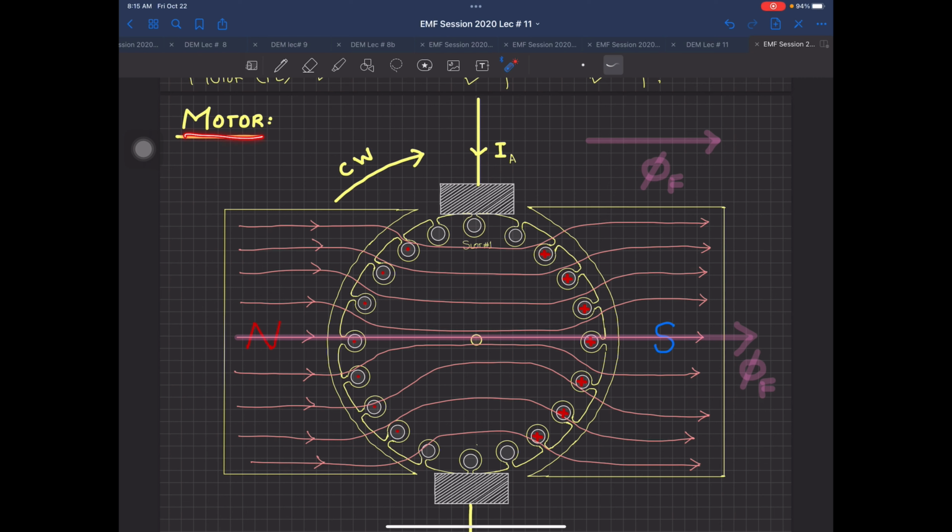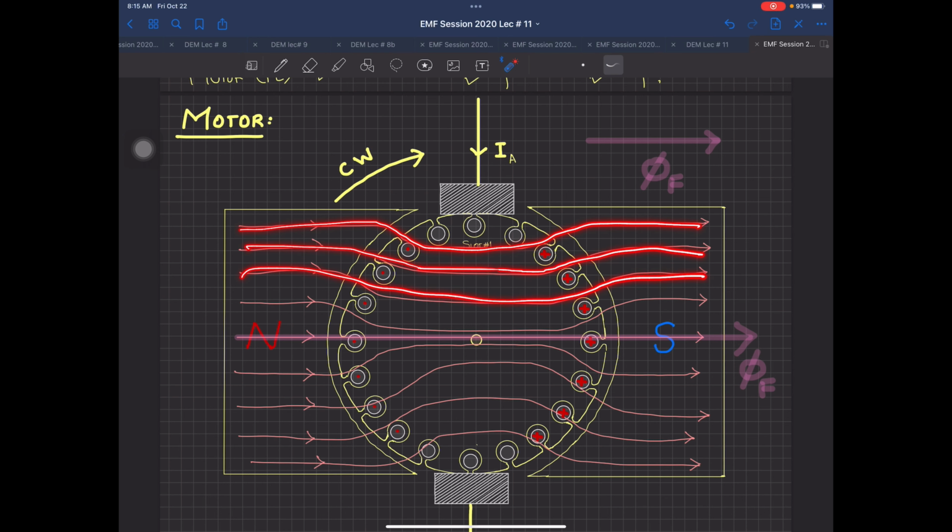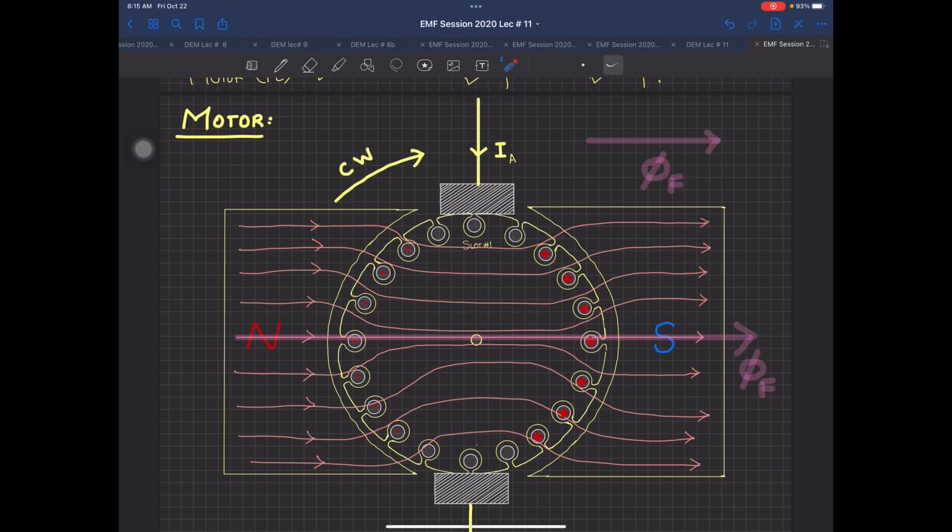What I am showing in this diagram is a motor phenomenon. These are the field lines flowing from the north pole to the south pole, shown radially. I hope you remember that they are perpendicular to all the conductors in front of the north and south pole, entering perpendicularly and leaving perpendicularly. The north and south pole can be created by a magnet or by an electromagnet.